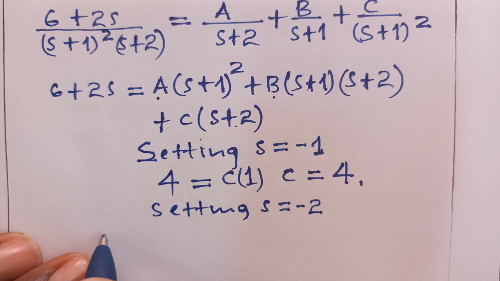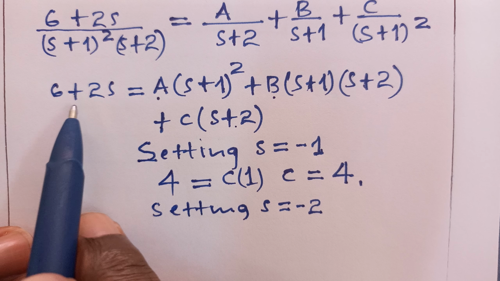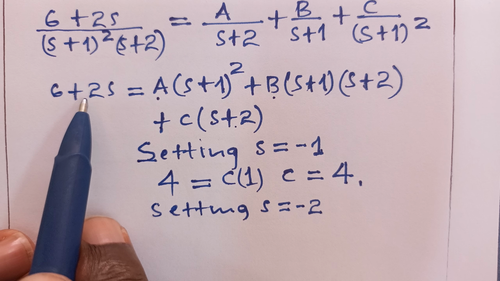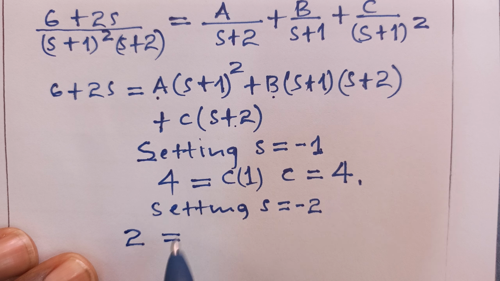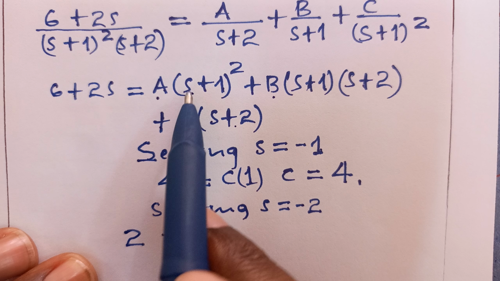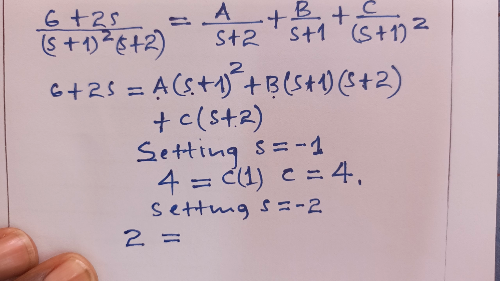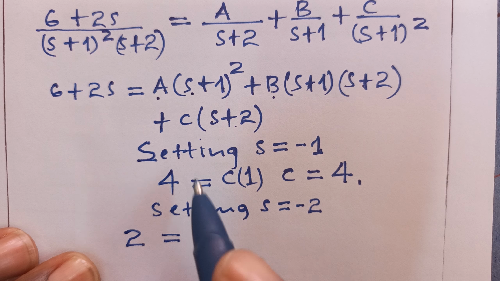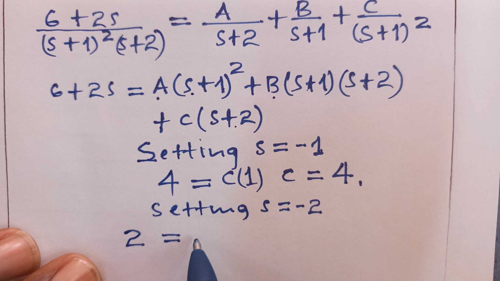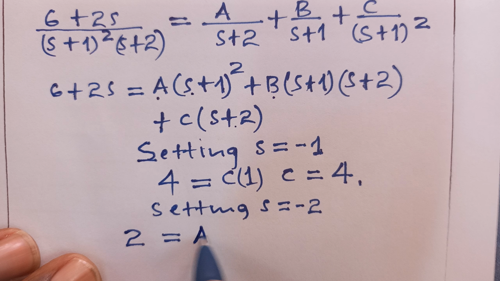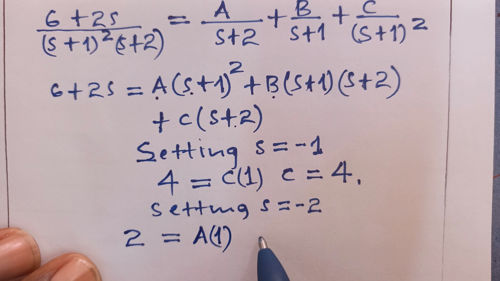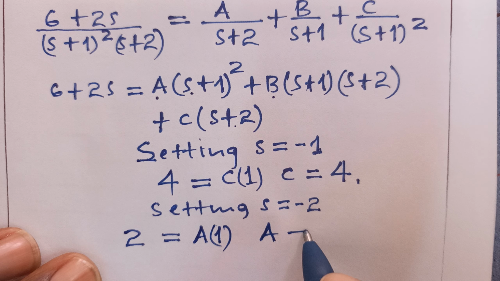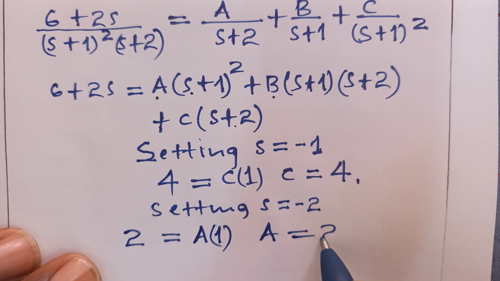So this is going to be 6 plus, this will be -4, and so we shall have 2 equals, we bring -2 here, -2 plus 1 gives us -1, and -1 squared is actually 1. So this is A times 1. And therefore, guys, A is going to be equal to 2.